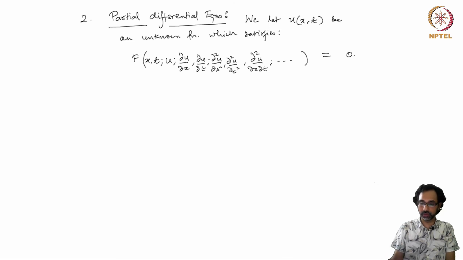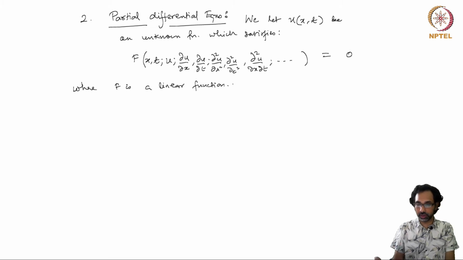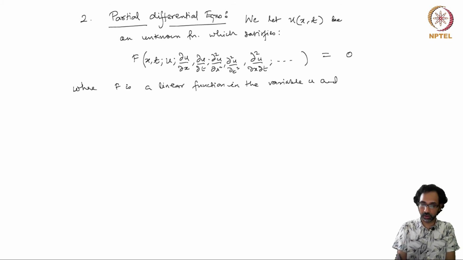This is set to 0. So this function f is a linear function in the variable u and all its partial derivatives.